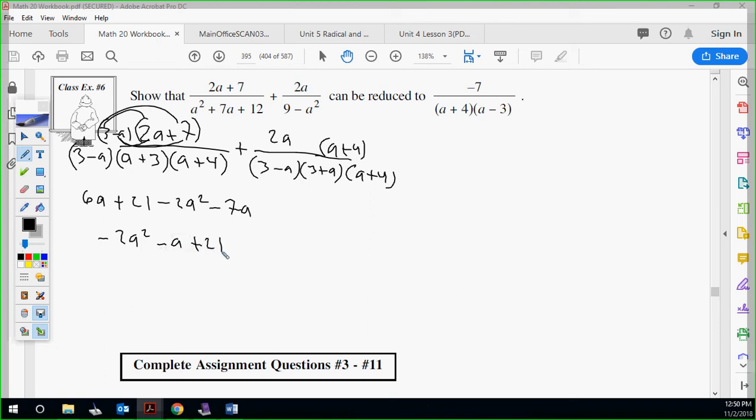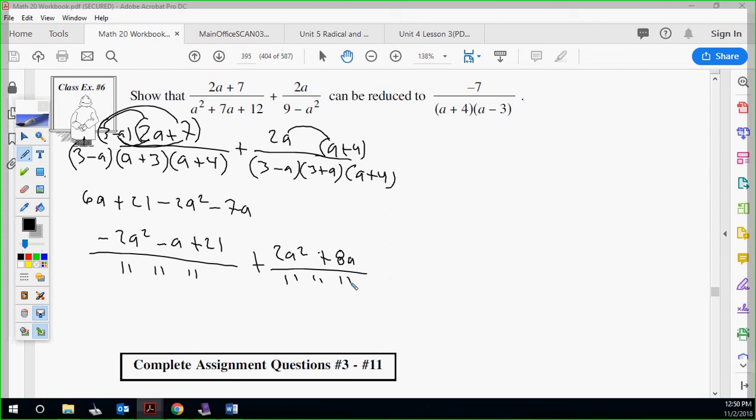Let's look at the right side. Remember, this is all over the 3 factors. We're adding it to 2a times a, 2a squared. Oh, I like that because why? The 2a squareds cancel. And then I have 8a. Now let's combine those.